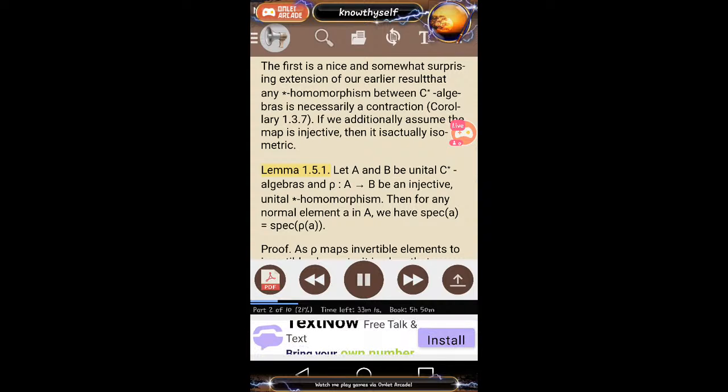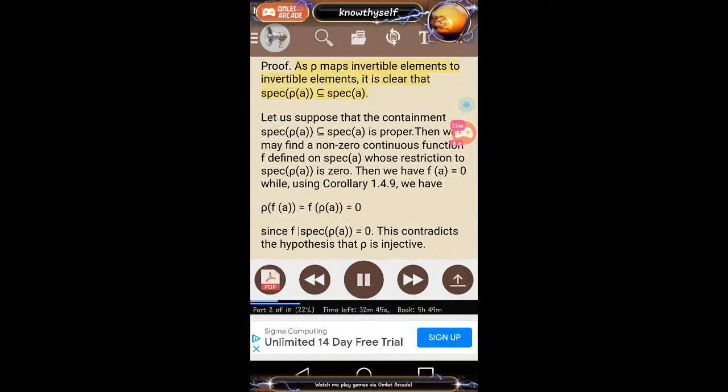Lemma 1.5.1. Let A and B be unital C* algebras and ρ: A → B be an injective, unital homomorphism. Then for any normal element a in A, we have spec(a) equals spec(ρ(a)). Proof. As ρ maps invertible elements to invertible elements, it is clear that spec(ρ(a)) is contained in spec(a). Let us suppose that the containment is proper.